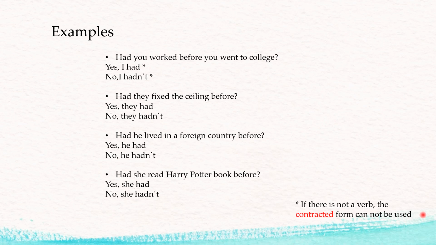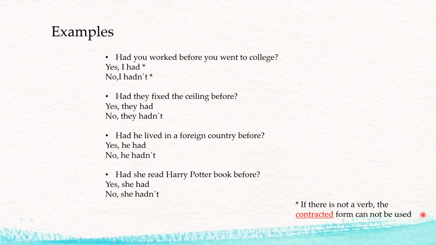Had she read Harry Potter book before? Had auxiliary, read, past participle. Answers, affirmative. Yes, she had. No, she hadn't. So in all the questions, as you observe, we are working with the conjunction before.